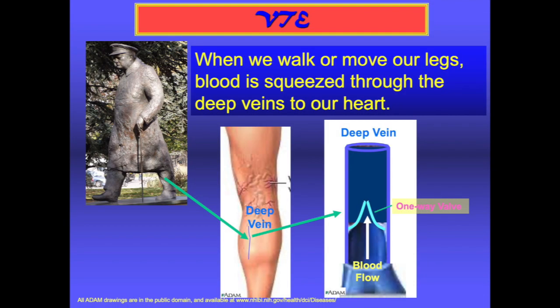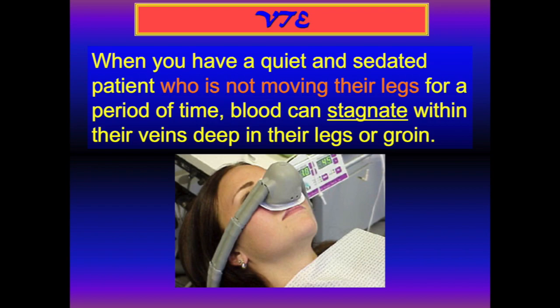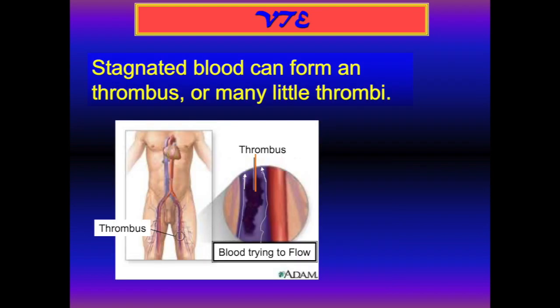So when we walk, we're squeezing veins, and we've got valves inside our veins to make sure that the blood is constantly flowing in a circulation to the heart. But being a patient in a chair, especially certain patients, they could develop stagnant blood because their veins are not being squeezed or moving every time we move our legs. So stagnated blood can form clots.